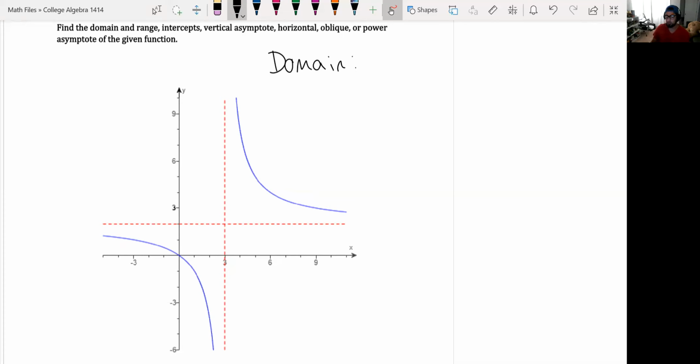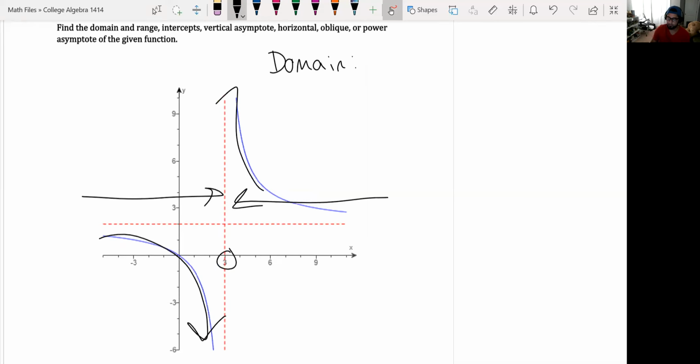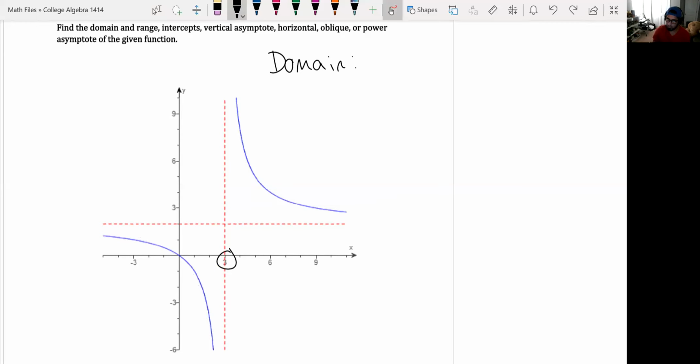It looks like we have a break in the graph at 3, because as we approach 3 from the left, this tail heads down towards negative infinity. As you approach 3 from the right, that tail heads towards infinity. So this means that we'll never ever touch 3. Therefore, our domain is x cannot equal 3. And you know what that is in interval notation.